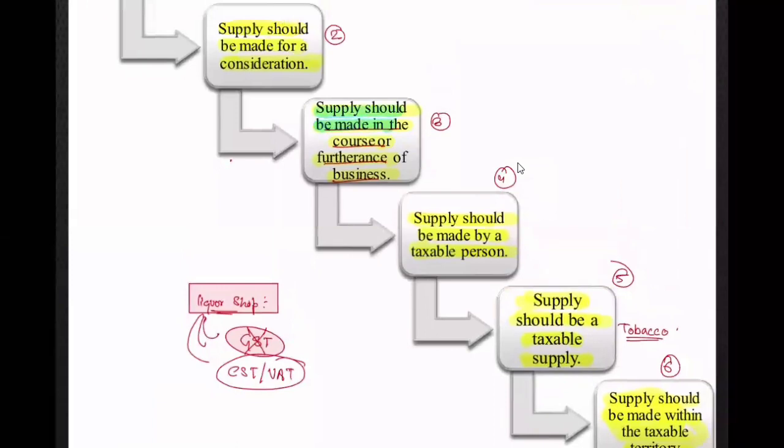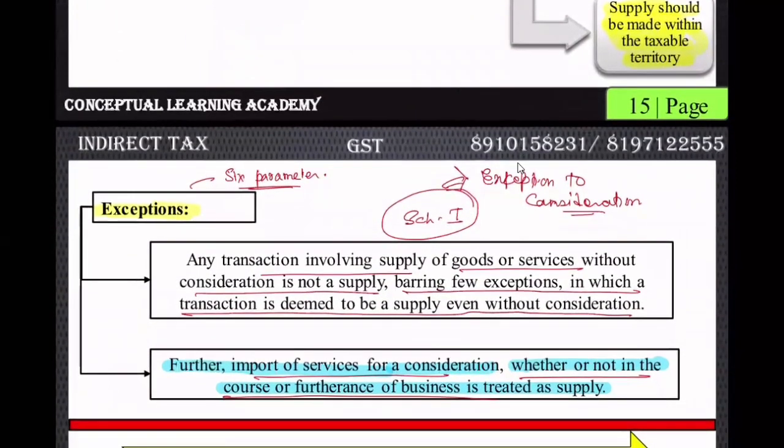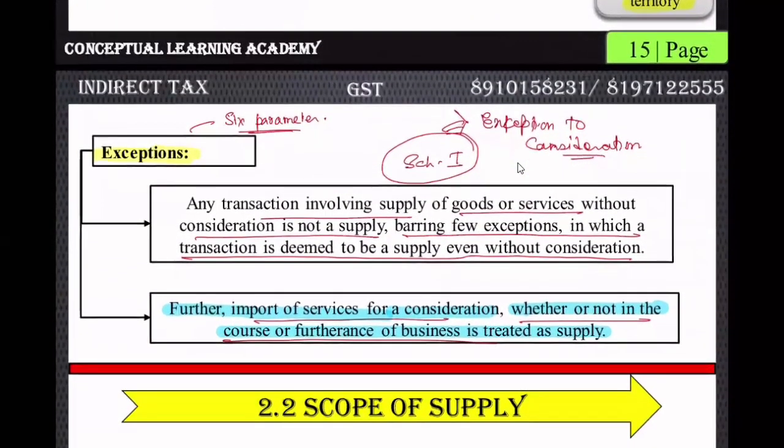Supply should be made in the course or furtherance of business, correct? And now the exception to it just came: import of service for consideration with or without the course or furtherance of business is treated as supply. That means if there is an import of service for consideration, no need to check the other parameter whether it is in the course of business or not. Correct?